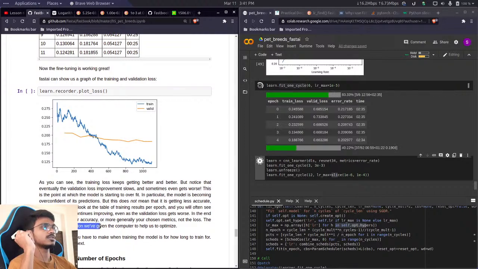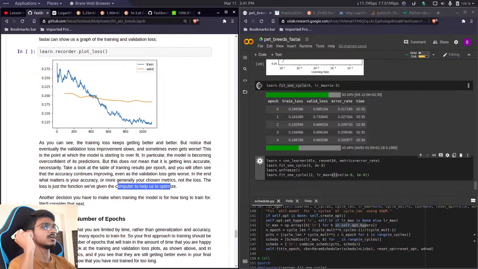The loss is just a function we have given the computer to help us optimize. Another decision you have to make when training the model is for how long to train for.